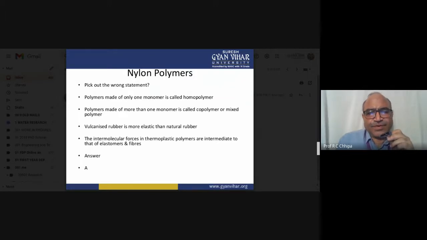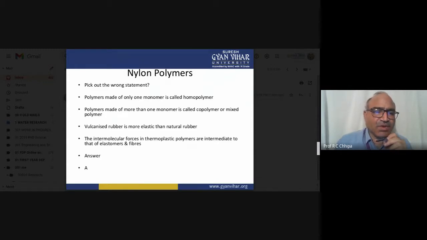Polymers made up of only one monomer is called the homopolymer. Polymers made up of more than one monomer is called the copolymer or the mixed polymer. Vulcanized rubber is more elastic than natural rubber.